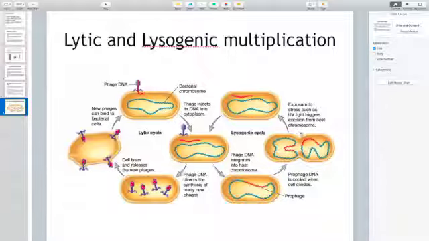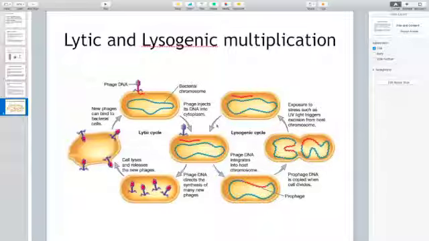When the bacterial cell multiplies, it replicates its DNA, and it replicates the DNA of the virus along with it. That viral genome is passed on to the next generations of the bacteria. As you can see, this is a bacterium undergoing binary fission. Each one of the daughter cells then goes on to grow and become a fully formed mature cell, and this cycle can continue for various generations to come.